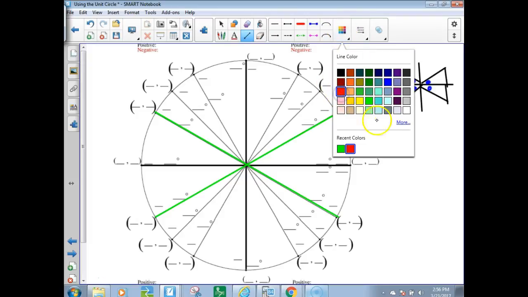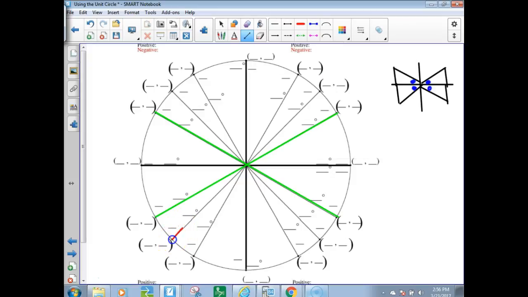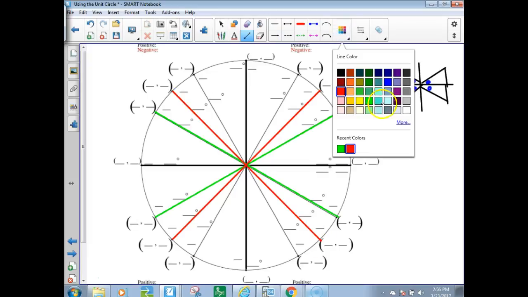You could use pink maybe. It would be smack down the middle of those quadrants. And then I was going to use blue for my 60s.